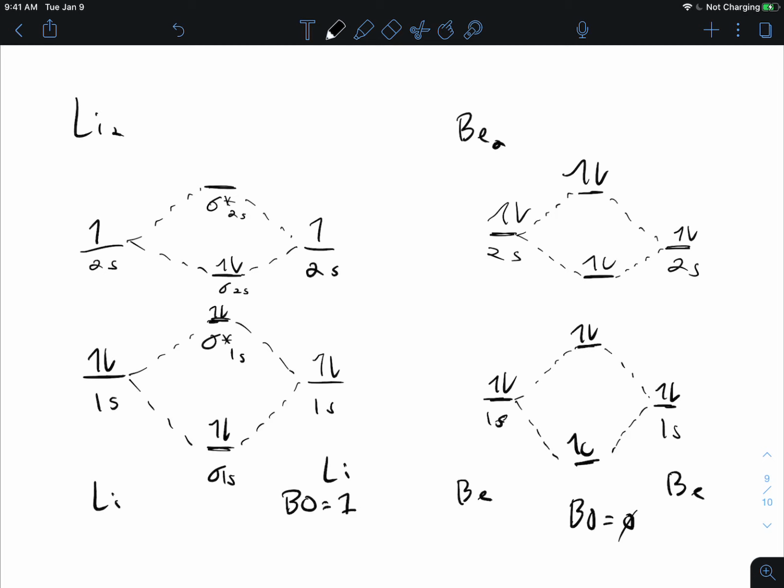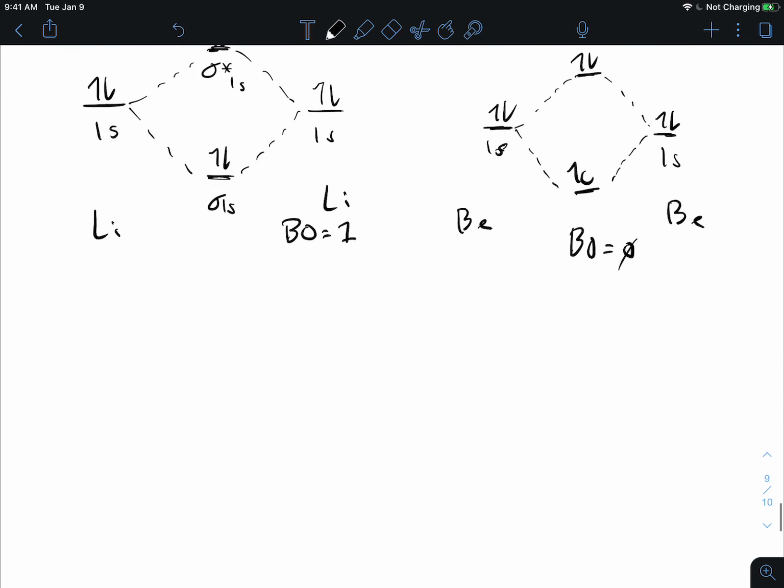Okay. When we move on, we bring in our p orbitals.